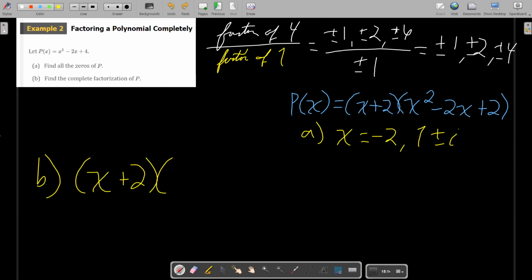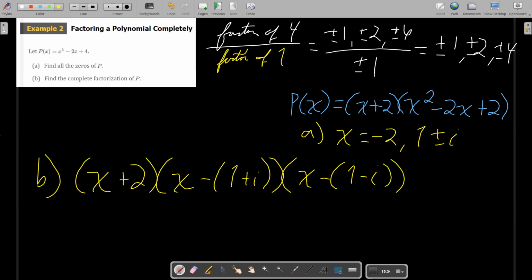Because we always take the opposite sign, correct? So it's going to be x minus, and then the first one is 1 plus i, and then the second one is x minus 1 minus i.